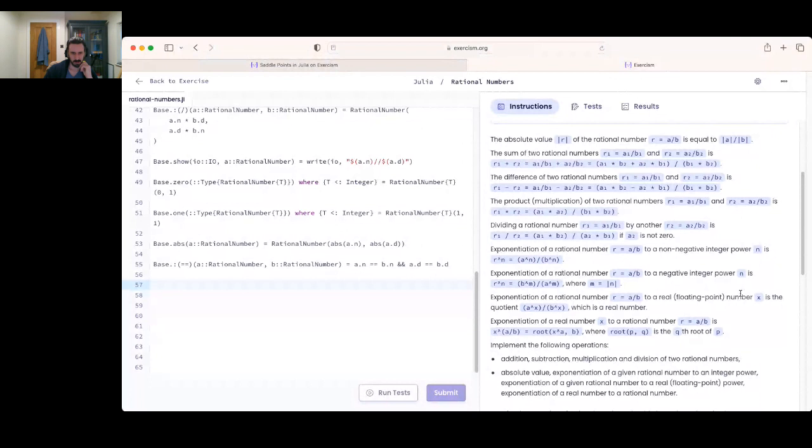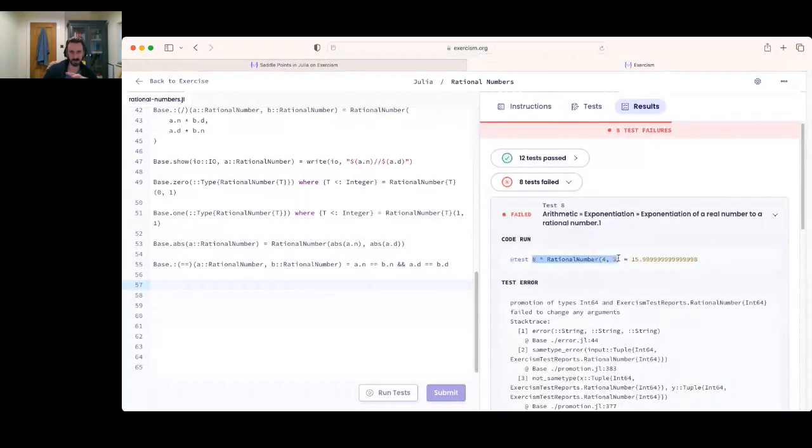Am I just misreading this? What test are we failing? Let's go back. Oh, sorry, understood. It's a real number to the power of a rational number, not the other way around. Okay, understood.